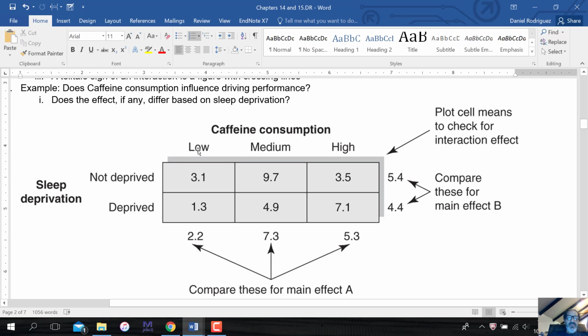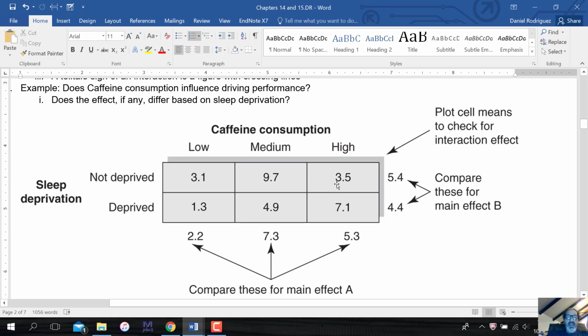So we break this down into caffeine consumption: there's low, medium, and high consumption. Sleep deprivation: there's not deprived and deprived. So we can look at main effects again. For instance, does sleep deprivation improve driving performance?